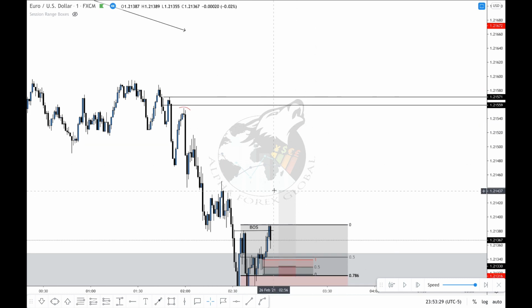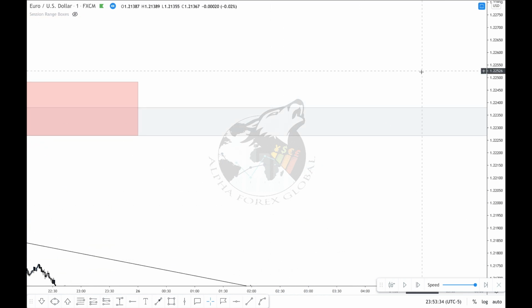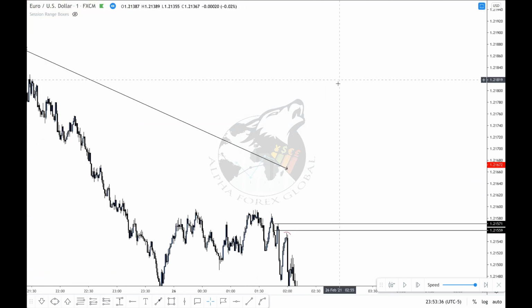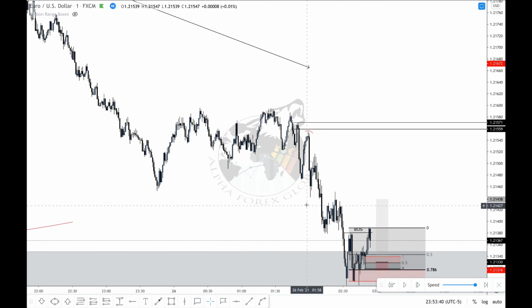So you don't see me putting my target all the way up here at this 5 minute POI, no, because the only way I'm going to take that long target is if the 15-minute time frame breaks structure. So I'll take profit here, and if the 15-minute time frame does break structure, I'll then wait for that retracement on the 15-minute time frame, and then I'll take another entry.